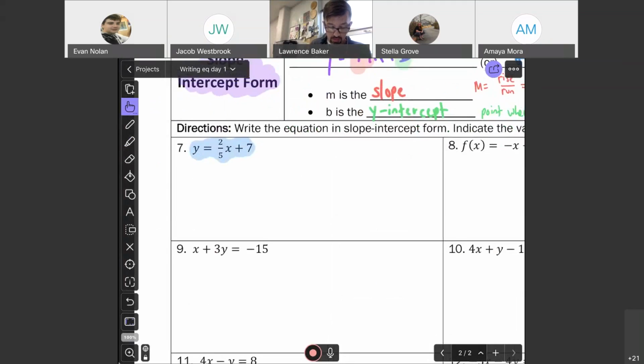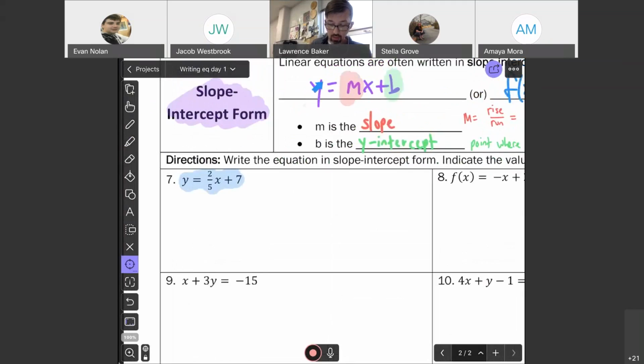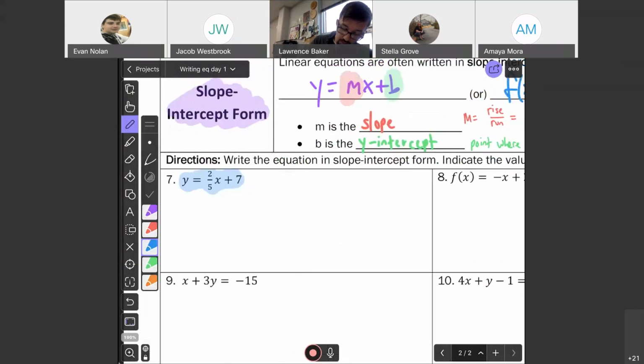Is it in slope-intercept form, in y equals mx plus b? You can see that y is by itself here, and y is by itself here. That's really the biggest thing. Y is by itself, so this one's already in slope-intercept form, and there's nothing for us to do there.